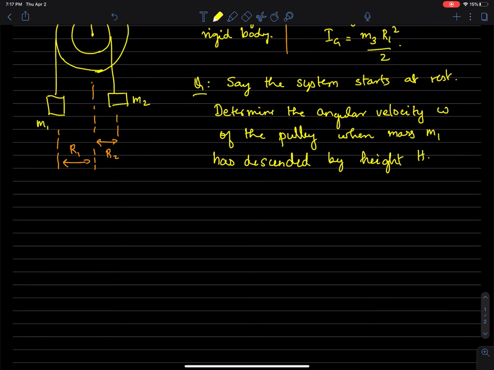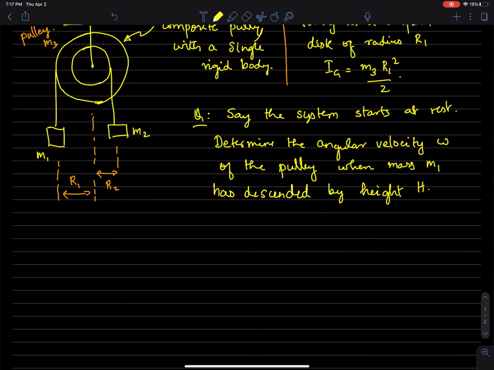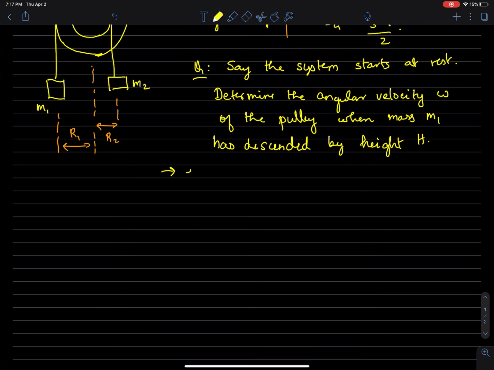Okay, and the instruction, let's say, is use the energy methods.